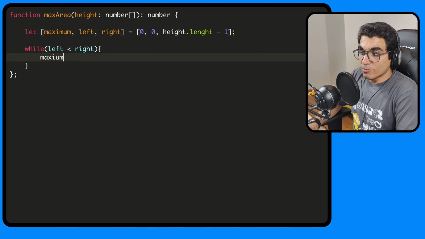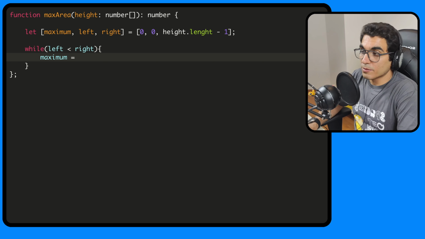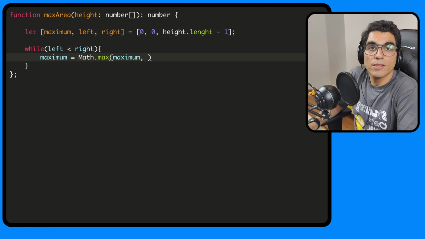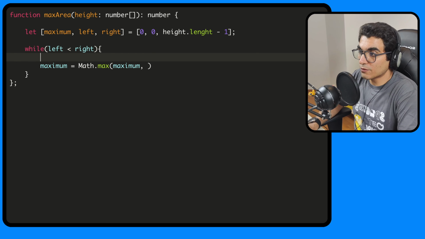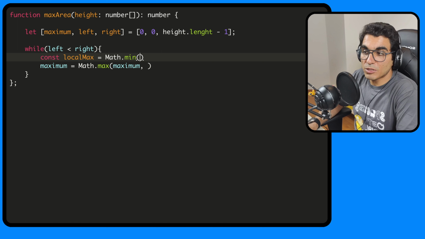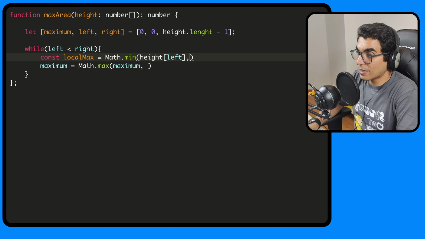The maximum is always the Math.max of the previous maximum and the new calculation, which let's do here first. Local max equals Math.min between height of left and height of right.